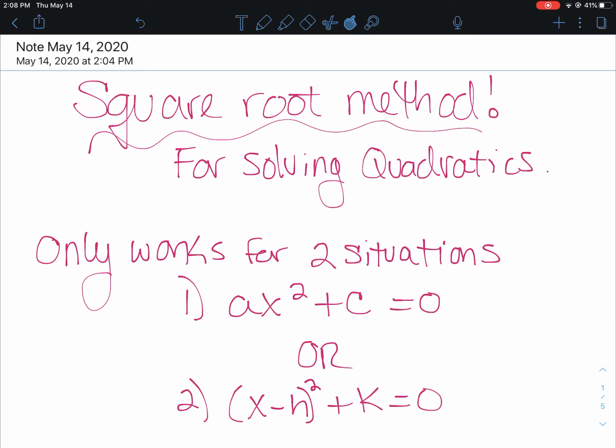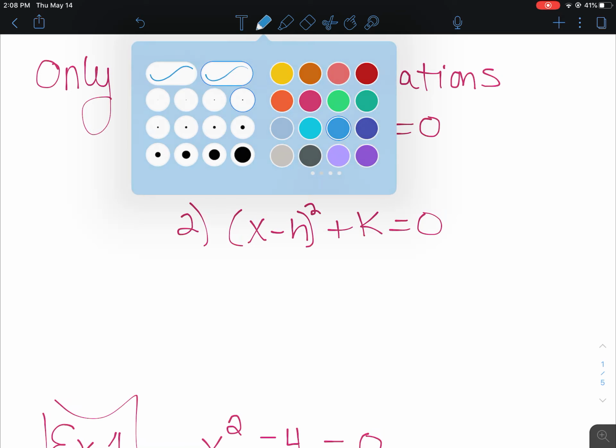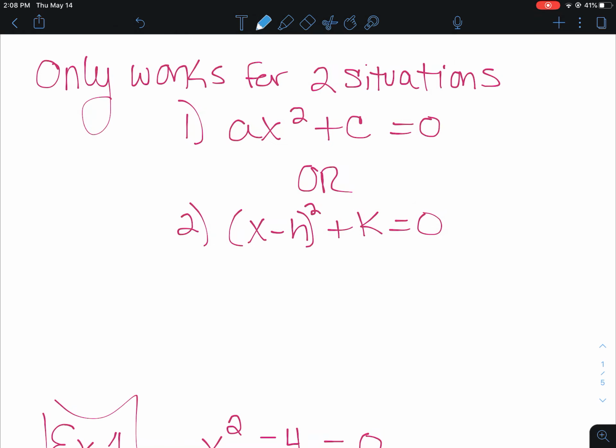So when I say it only works for two situations, I am talking about situations where we can easily isolate the variable, okay? So in our traditional quadratic function, we might have ax squared plus bx plus c, right? That's what we're used to seeing.